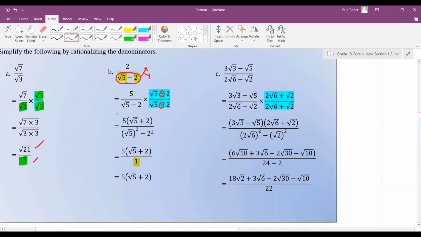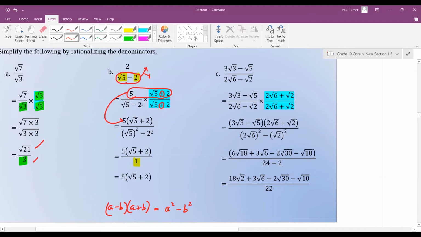So we ended up with 5 times root 5 plus root 2 in the numerator. And then this here, you can recognize this rule here, A minus B, A plus B. You remember that rule? And that's what you want, which will give you a squared minus b squared. And by doing that, your surd is going to disappear.